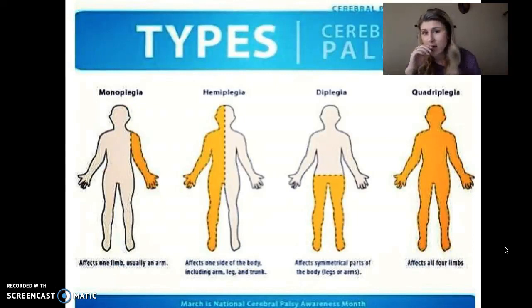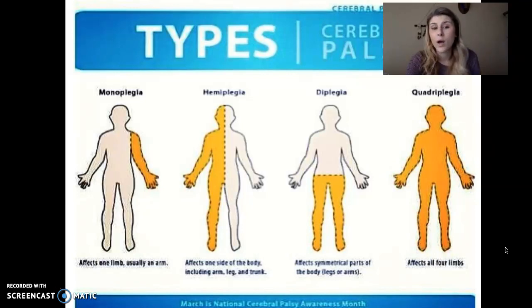So these are the other types of cerebral palsy. The spastic, dyskinetic, and ataxic types are characterized by what kind of movement impairment you have. Then there are types that describe where the movement impairment is. Monoplegia is when one limb is affected.